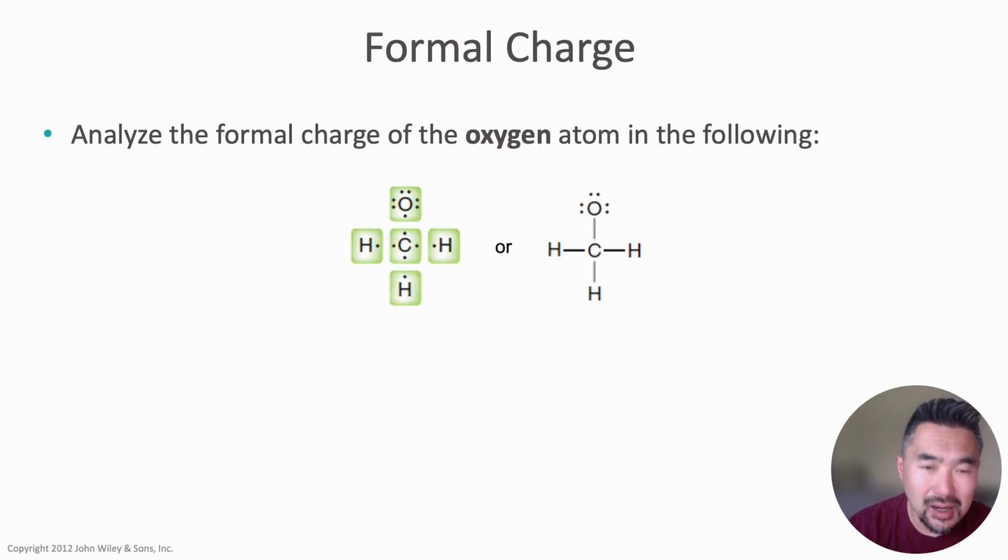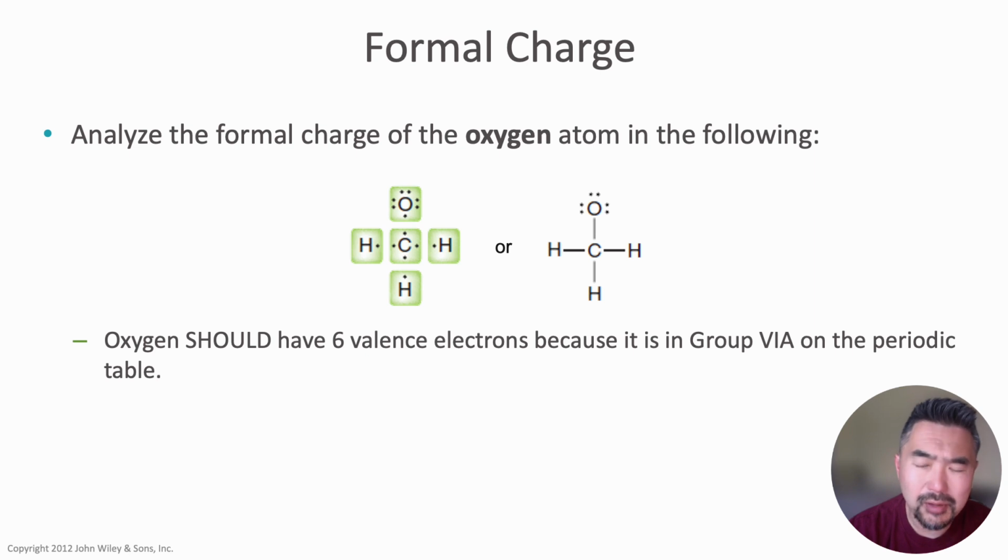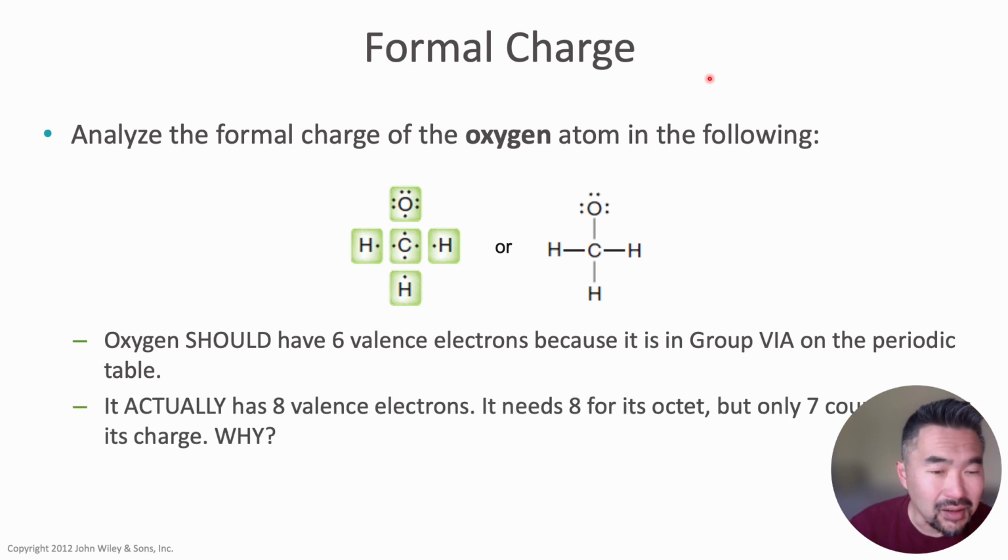However, when you look at the oxygen, remember oxygen is in the 6th group in the periodic table, so it brings to the table 6 valence electrons. Now, if you look at the oxygen carefully, it has 8 valence electrons because everything meets the octet here, but it has exclusive control over the 6 lone pair electrons here, and then 1 of the 2 shared bonding electrons, which means oxygen has to its name in this structure 7 electrons.